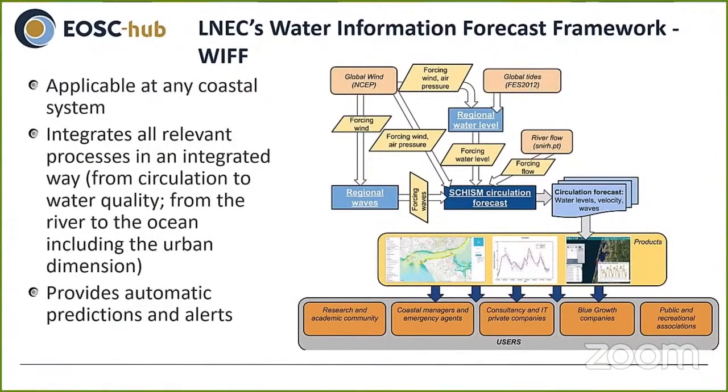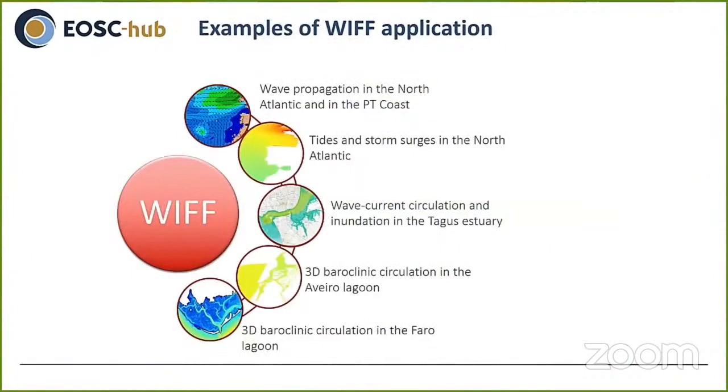The WIF platform can be applied to any coastal system, incorporates all relevant processes in an integrated way, from circulation to water quality in a cross-scale approach, from river to ocean, including the urban dimension, and provides automatic predictions and alerts. The present slide shows several examples of application systems developed by LNEC.